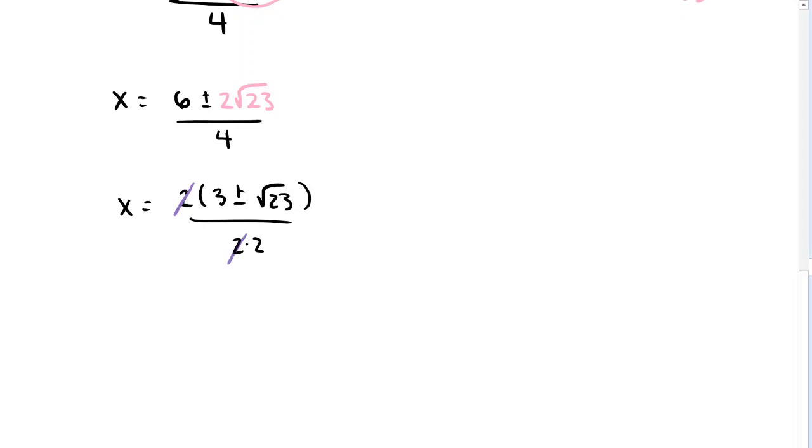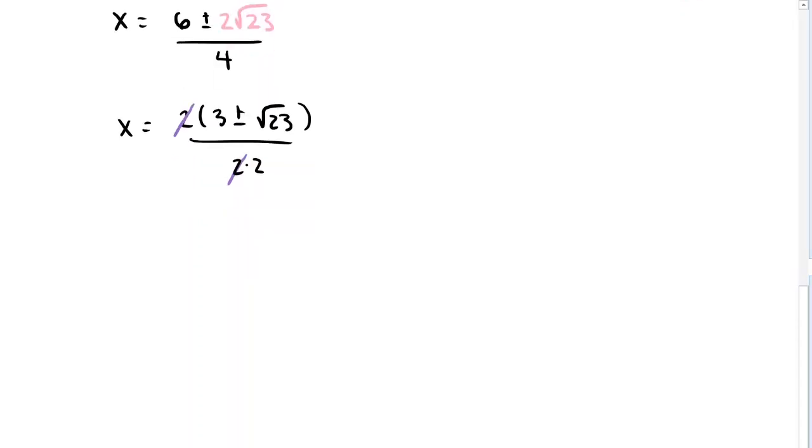Now that the numerator is factored, the denominator is factored, and they have a common factor of 2, we can cancel them out. So this gives us that the x-coordinates where those two graphs intersect are at 3 plus or minus the square root of 23 over 2.